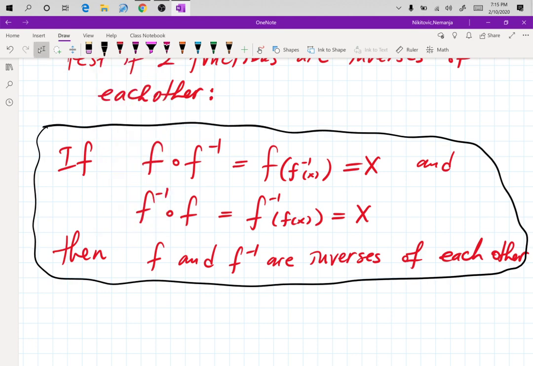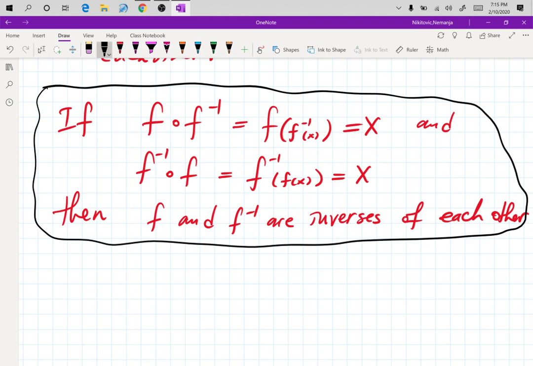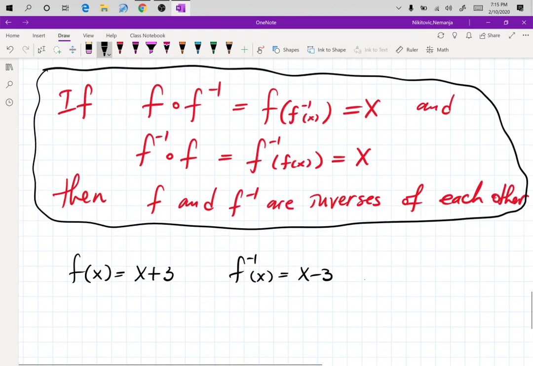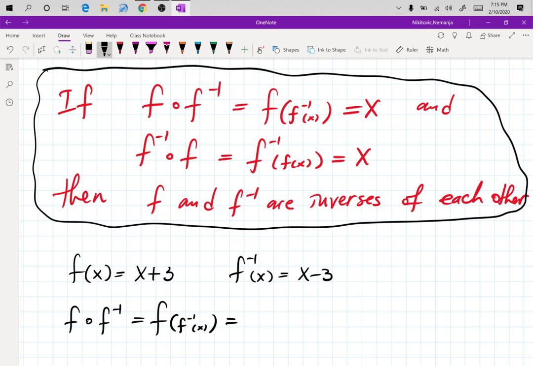So let's see our good old f of x is equal to x plus 3, and our inverse, which we said we know, is x minus 3. F composed with the inverse is f, and you plug the inverse inside.